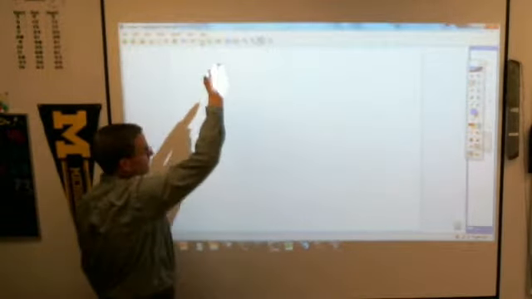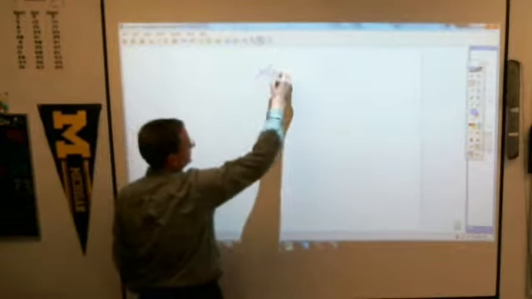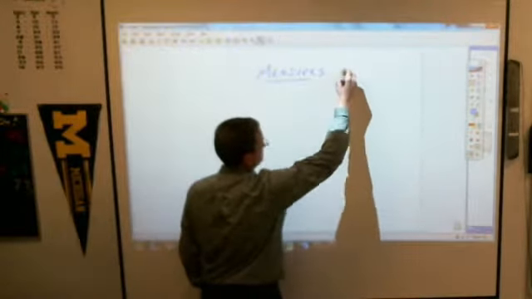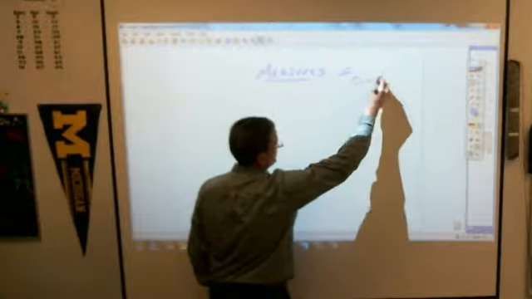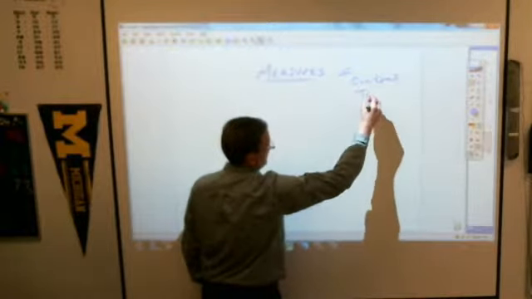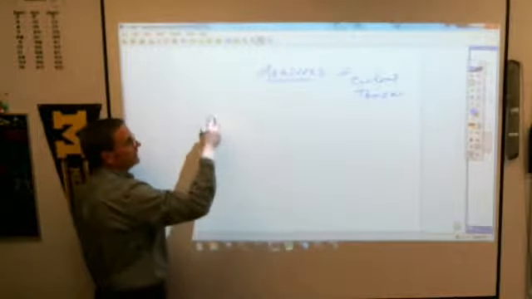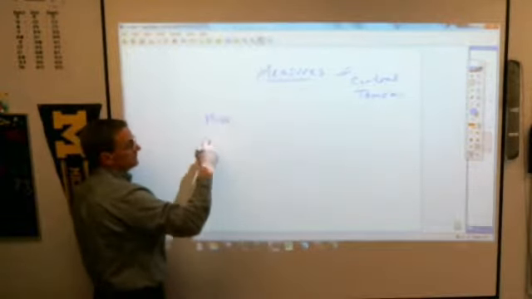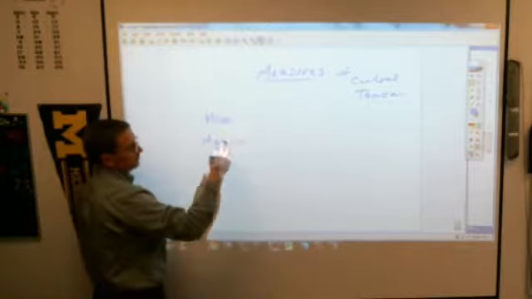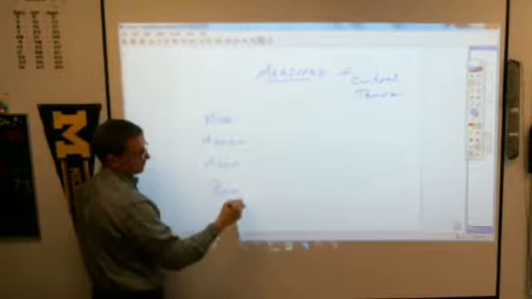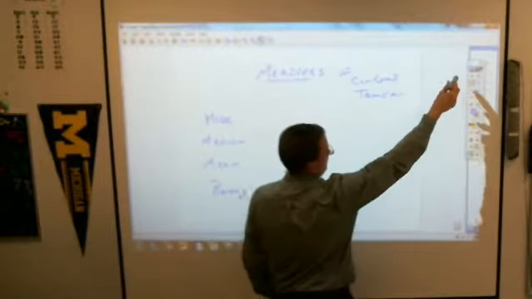The first one is measures of central tendency, which, if you'll remember, we've already done. I don't know why it's called central tendency, but that is the whole mode, median, mean, and range.